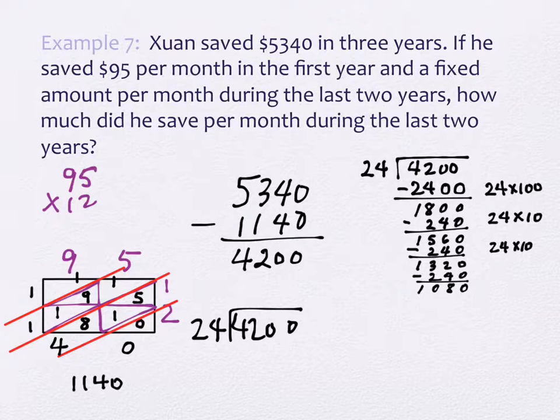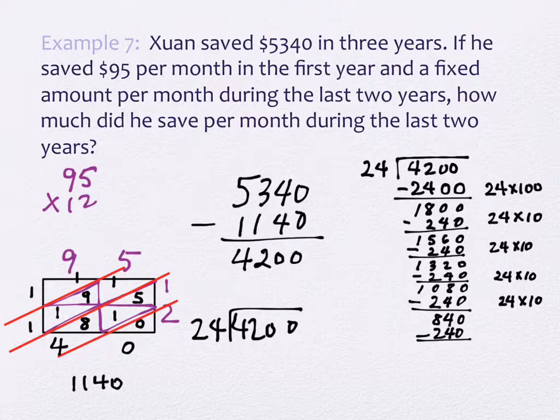Is it 1080? Yes. Okay. That was 24 times 10. We'll do it again, 240. It is getting smaller, step by step. This is 840, yeah? You can do 240 again.